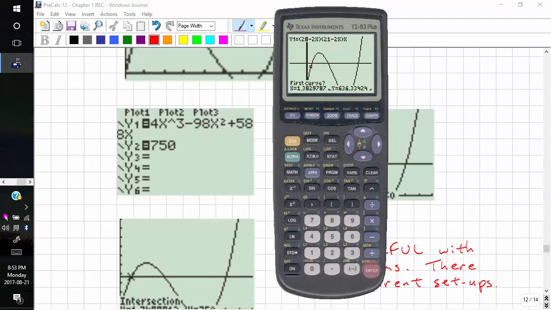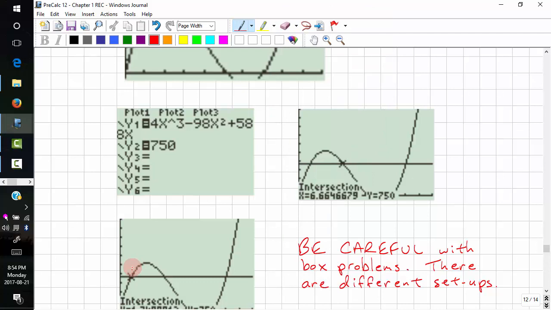It's asking for the curve, the other curve, and your guess. And we get 1.75. And you can do the same thing for this one, and you get your answer here, 6.0.0.66 centimeters.